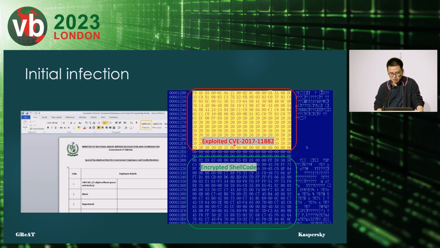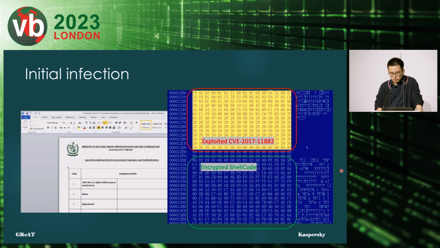Let's see some examples. From 2021, Origami Elephant began to launch phishing attacks using the theme of the COVID-19 epidemic. This sample was obtained from a public channel. The information of the last saved user in this document tells us that the target of the attack is likely to be a company in Pakistan.